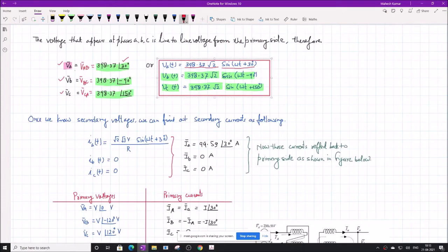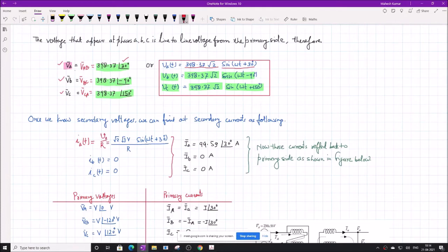Secondary currents will be these voltages by impedance, because this is 3-phase 4-wire on the secondary side and there is a neutral grounding, and therefore we can find I_a equal to V_a by R. So actually this is V_a by R. So if I put it in the form of the voltages, then it becomes like this: small v_a by R equal to this.